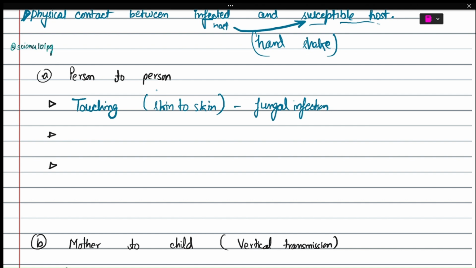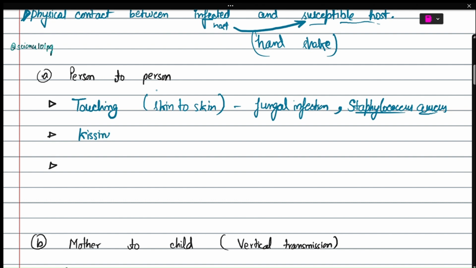Similarly, there is another bacteria, Staphylococcus aureus. This bacteria can be spread from one person to another via touching. The second thing is kissing.